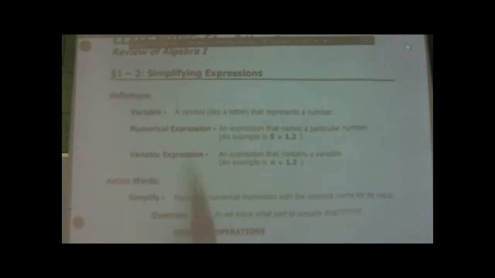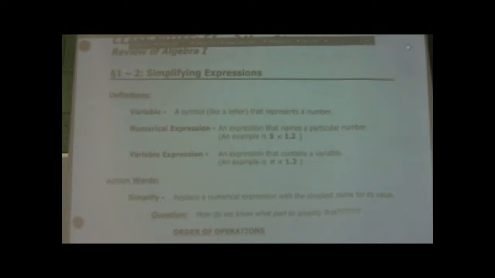Now, a variable expression is similar, except it contains a variable. You could have the same thing, but now there's a variable involved. You can simplify these, but you're not going to be able to simplify it down into one number. Each of them will simplify to a different extent, but not necessarily to one number.